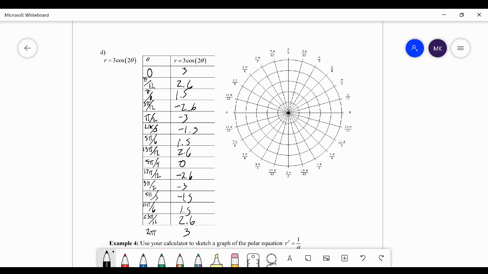So the way this looks is very strange. Let me get these distances right: 1, 2, 3.